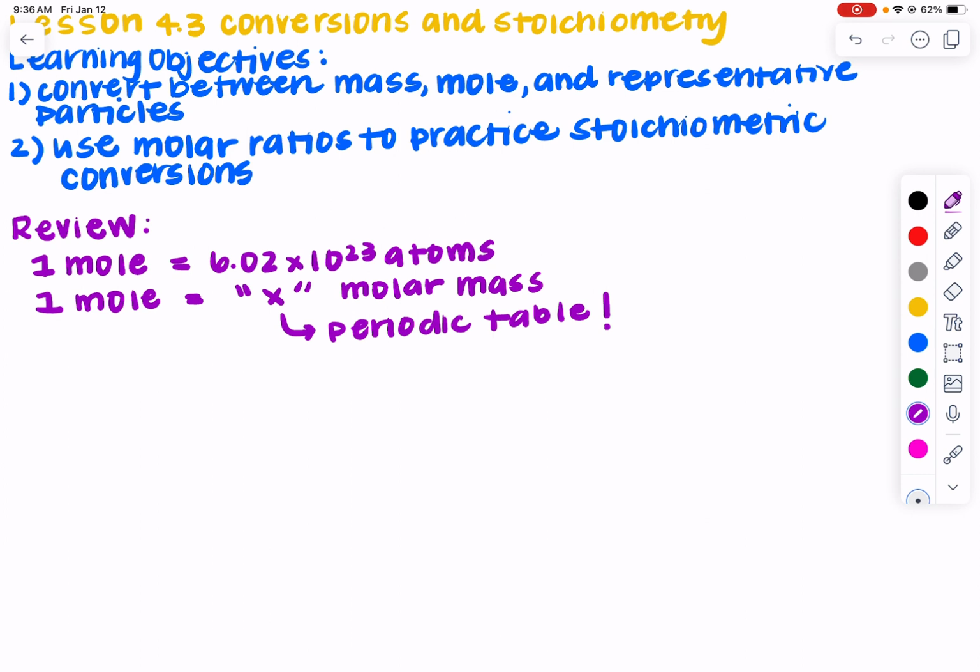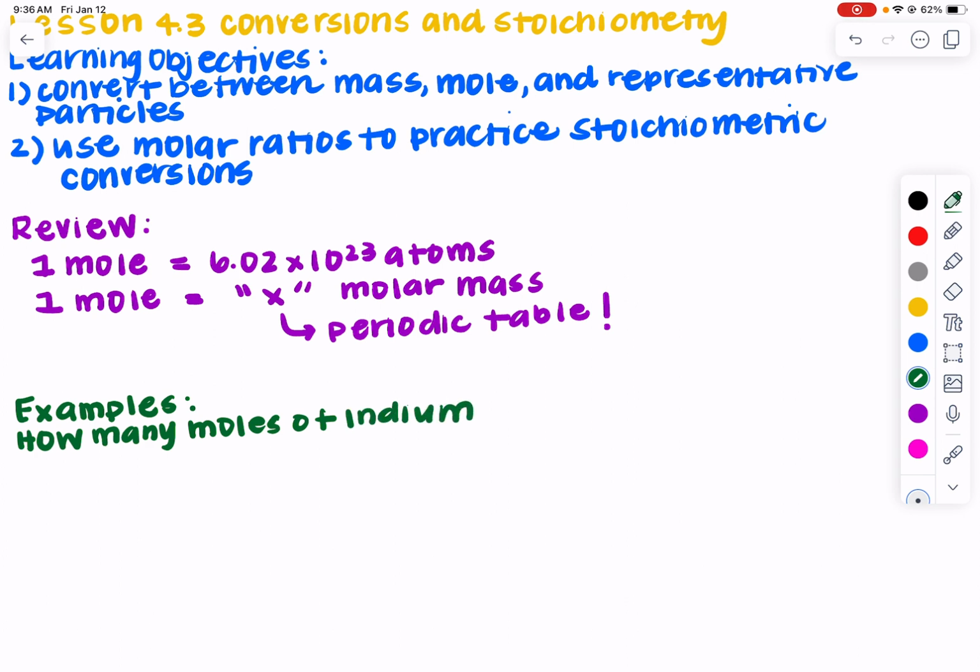So let's go right into an example of how we apply this into word problems or questions that you might see. The first example I want to give you is: how many moles of indium are in 114.82 grams of indium?